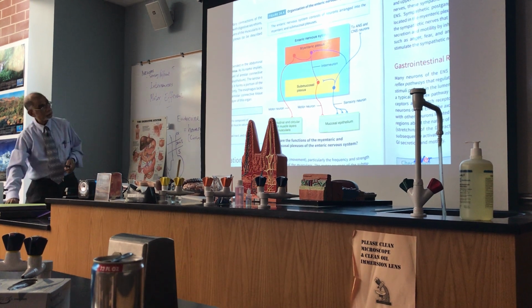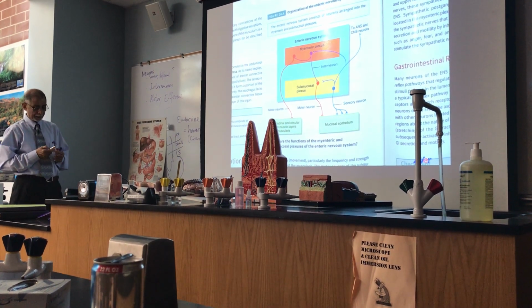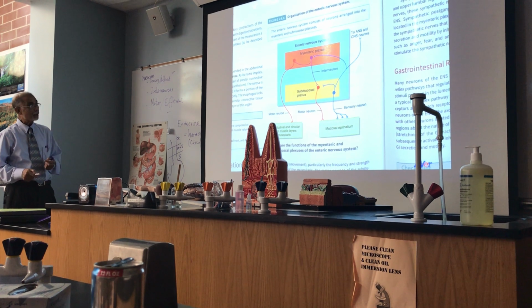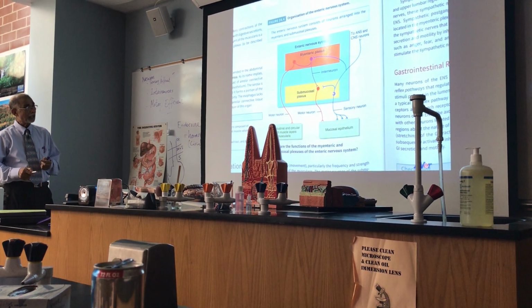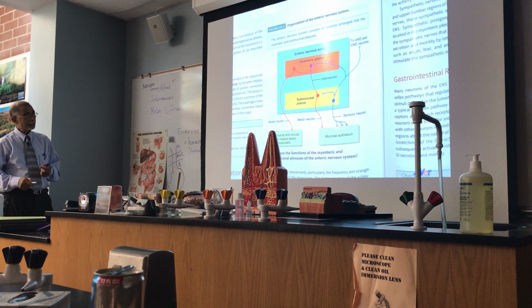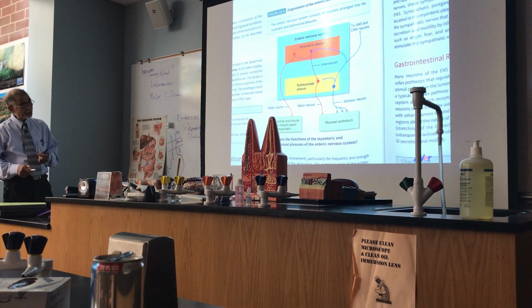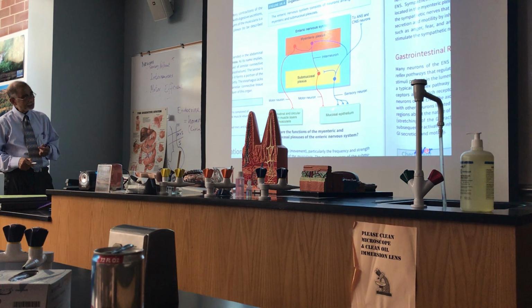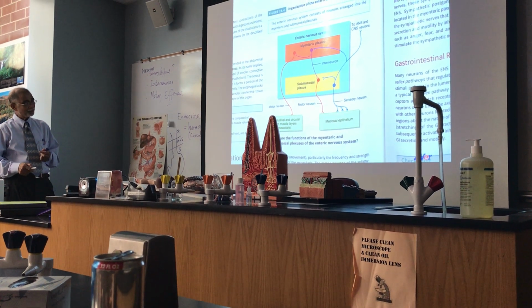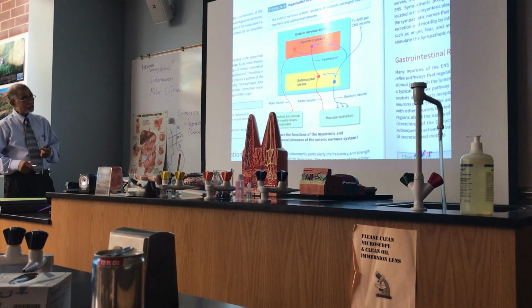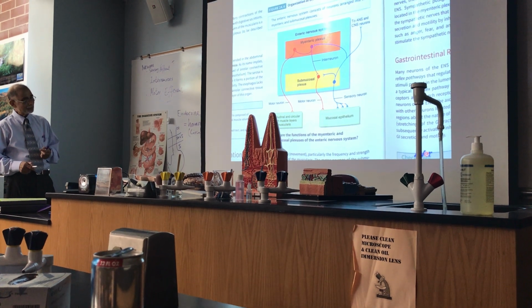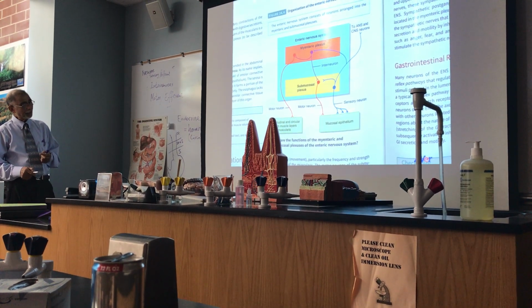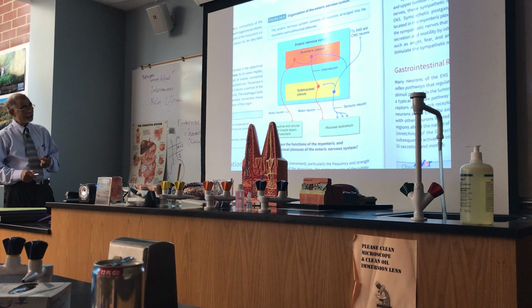Look how this is a sensory neuron with the sensors here, the sensor receptors. So anything that happens here in the mucosal epithelium or in muscularis mucosae will be picked up by the sensory neuron.